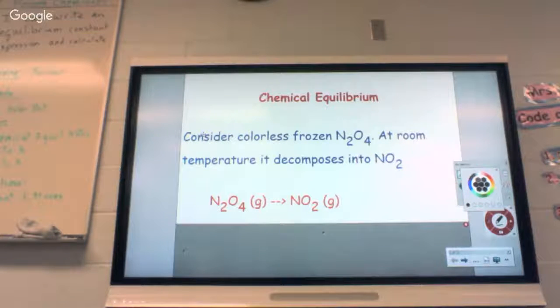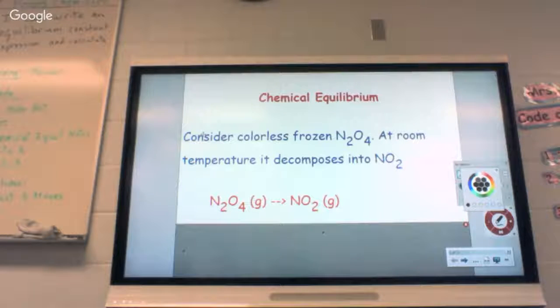So, colorless frozen N2O4 is a chemical. If we let it come to room temperature, okay, it's frozen like an ice cube. If we let it sit on the table at room temperature, it's going to melt like an ice cube.